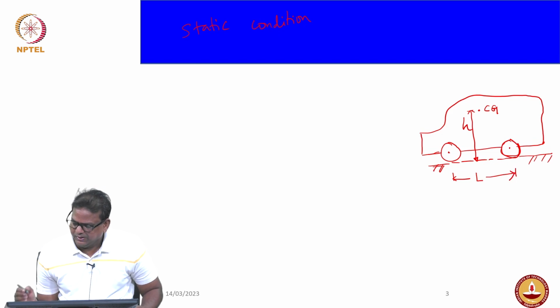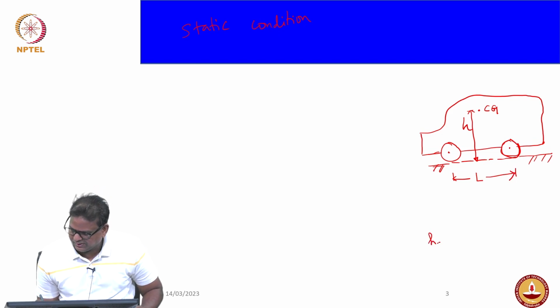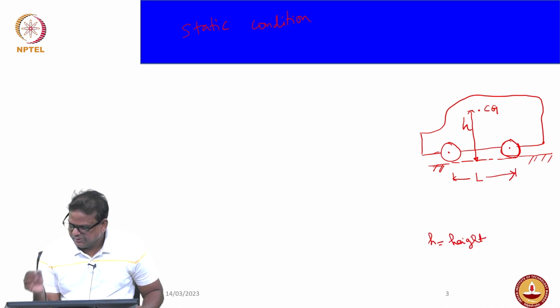h is the height from the CG to the road level, and L is the wheelbase.